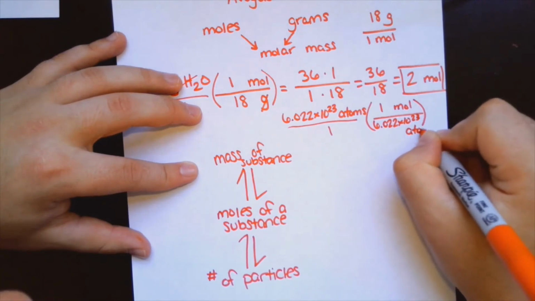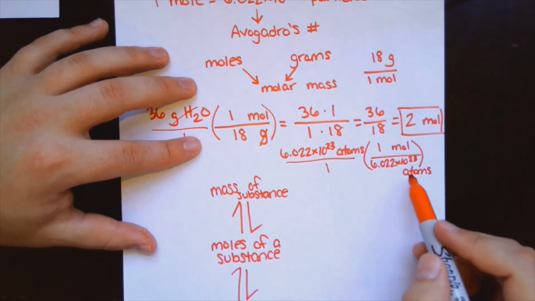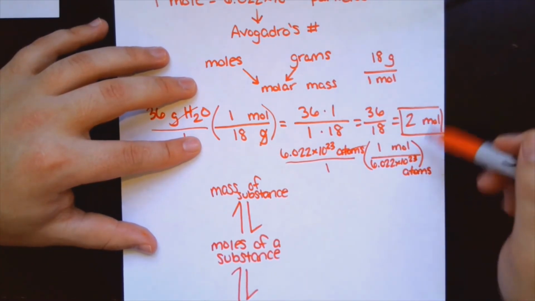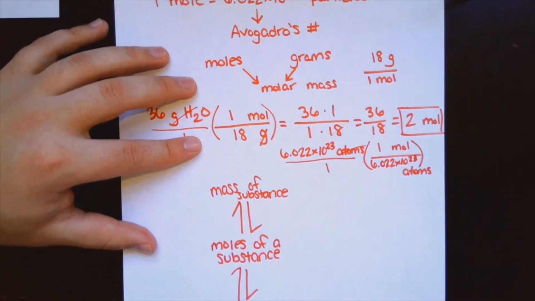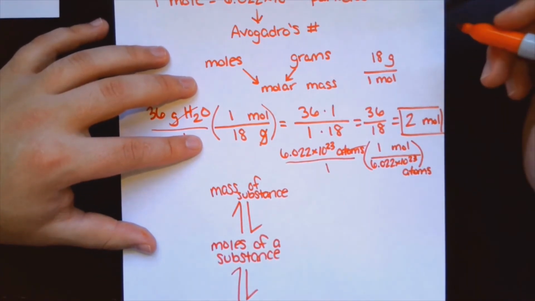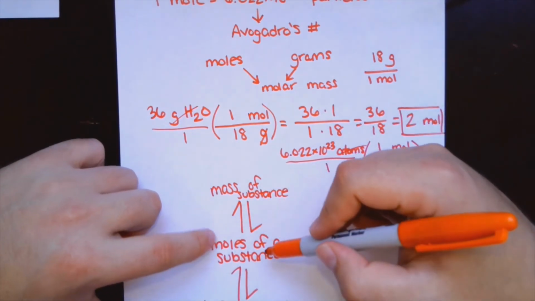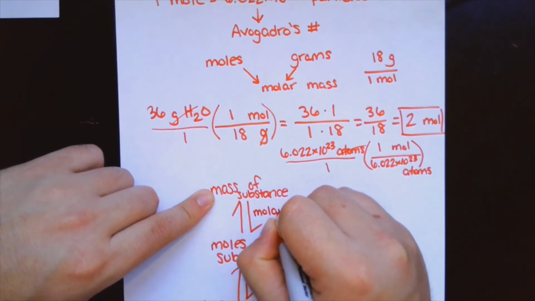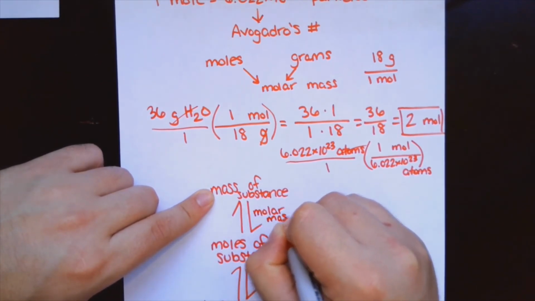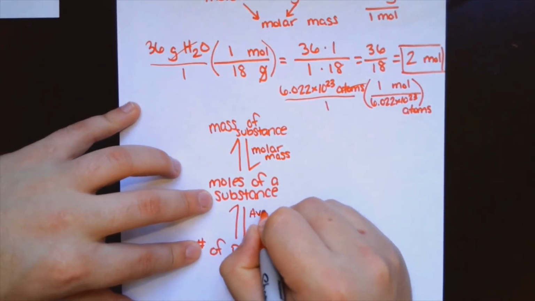Remember, in this case, the particle type is just atoms, but it can vary. As you can see, units of atoms cancels out, leaves us with moles, and of course 6.022 times 10 to the 23rd divided by itself cancels out to be 1, gives us 1 mole. So, you can relate between the moles of a substance and the mass of a substance using the molar mass. You can relate between the moles of a substance and the number of particles using Avogadro's number.